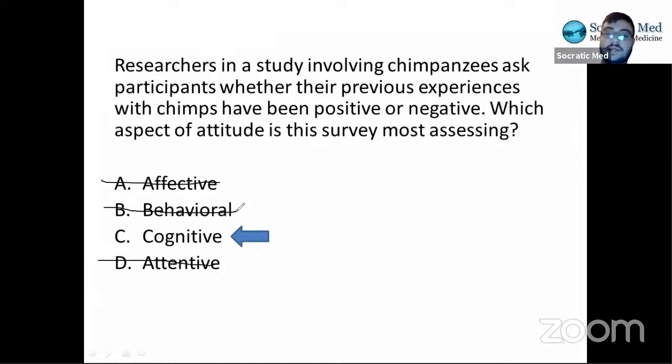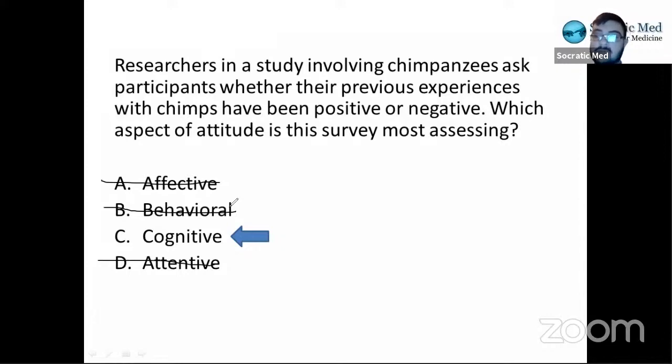The reason it's C, cognitive, is because if you had some negative experience with chimps in the past, for example, the only time you've ever seen a chimp before, it was very violent, it was very aggressive, it was hostile, and it was dangerous, right?